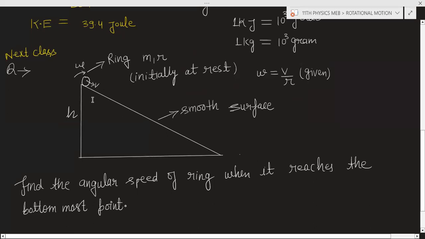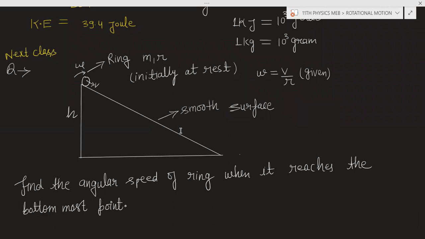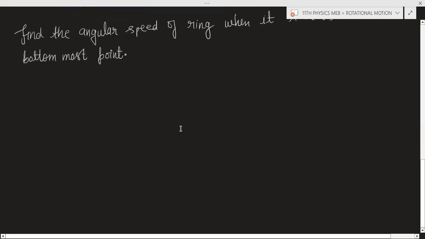Now if this surface is a smooth surface, means there will be no friction, means there will be no external force, or we can say there will be no external work done. So we can apply here conservation of mechanical energy.